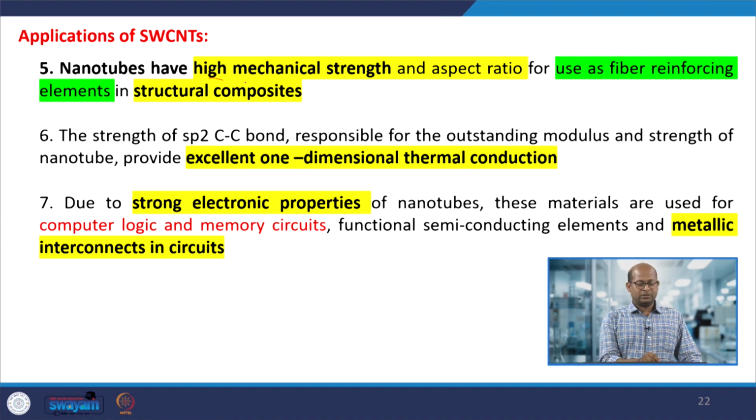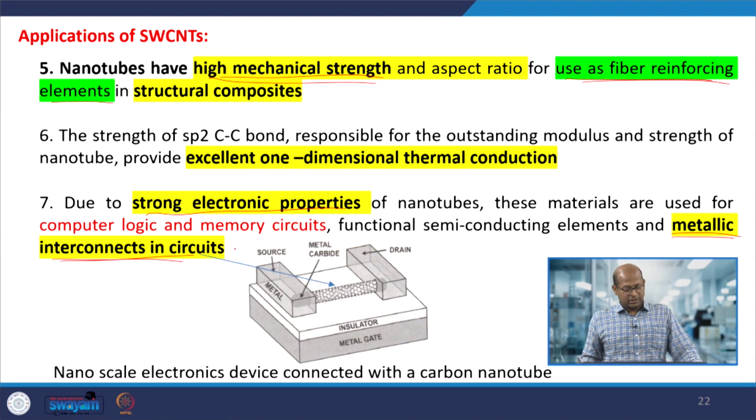I said that the carbon nanotubes have high mechanical strength, therefore this can be used as fiber reinforcing elements. Also, they have strong electronic properties, which means sp2 type of bond formation is there in the carbon atoms. Therefore, sometimes it shows metallic behavior, useful for interconnection circuits.